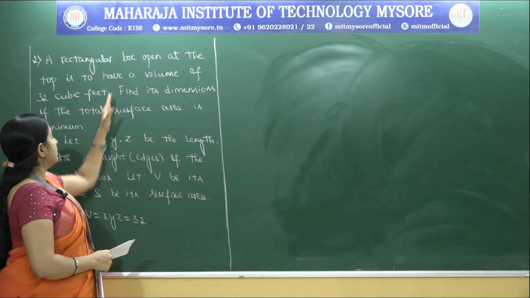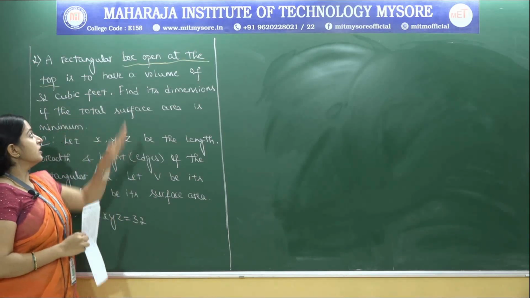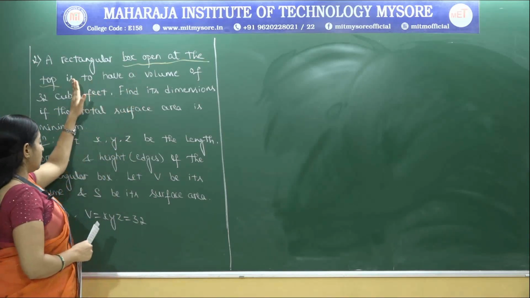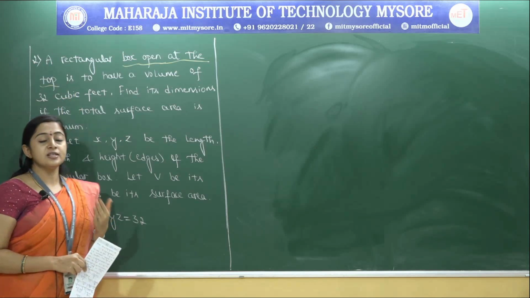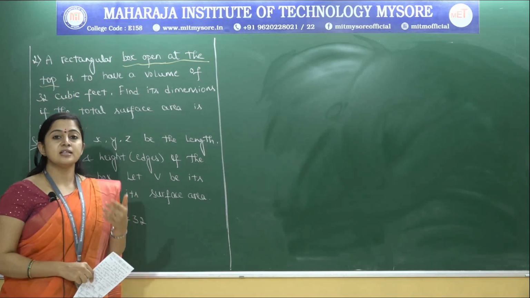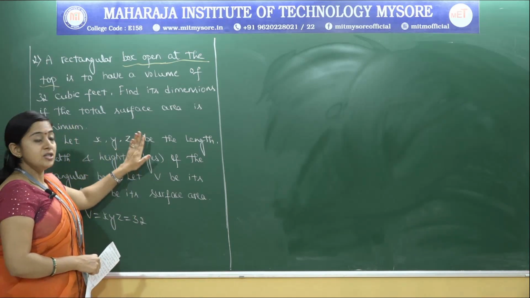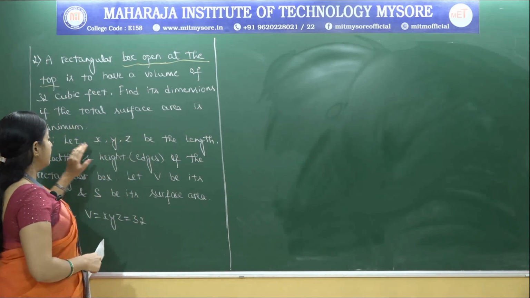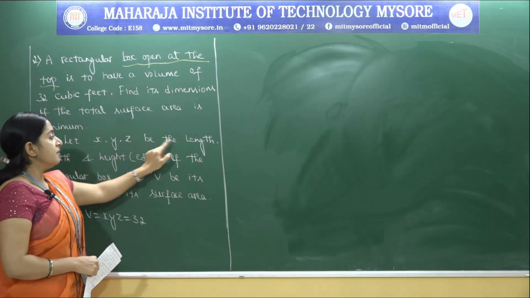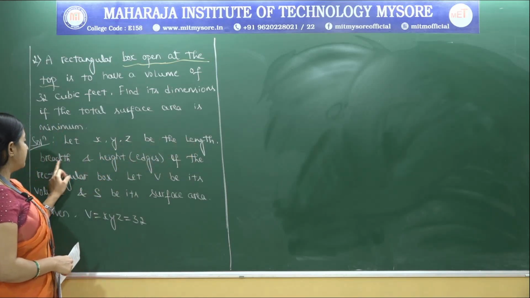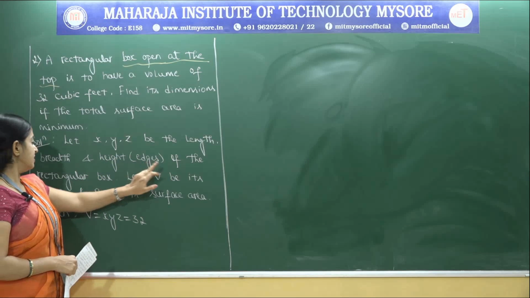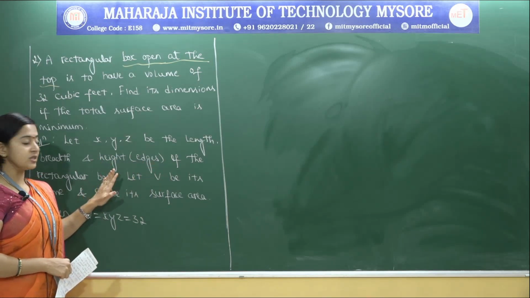So use the condition. Here the condition is the box is open at the top. So first it is 3 variables. Since they given the volume, you have to consider the x, y and z. So I take the first one. Let x, y and z be the length, breadth and height or edges of the rectangular box.